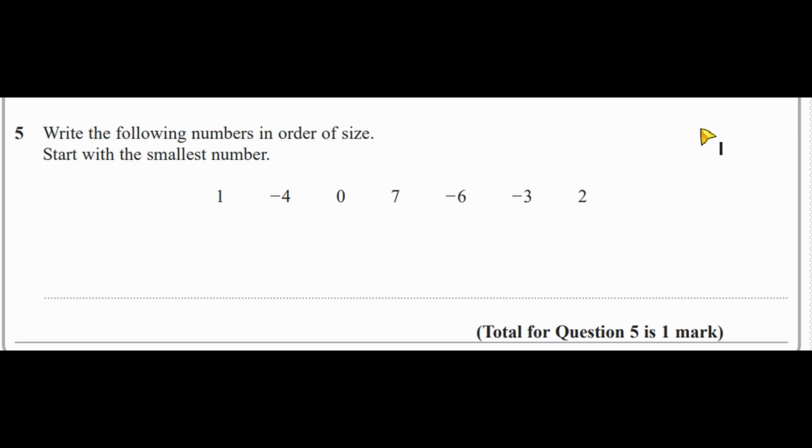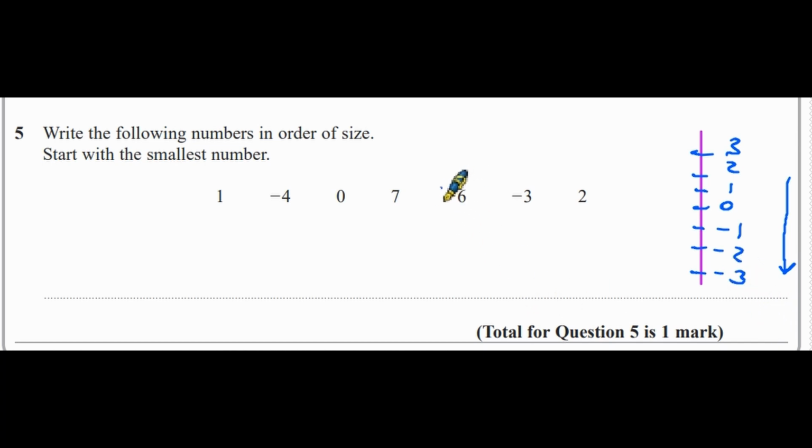Question 5 is asking us to write the following numbers in order of size, starting with the smallest number. If this is the kind of question that confuses you a little bit, don't forget you can mock up a little number line here and imagine a thermometer. If a thermometer has 0, it then has 1 and 2 and 3 going up. But it also has -1, -2, -3. So the numbers get smaller as we go down. So effectively, the larger the digit on the minus, the smaller the number.